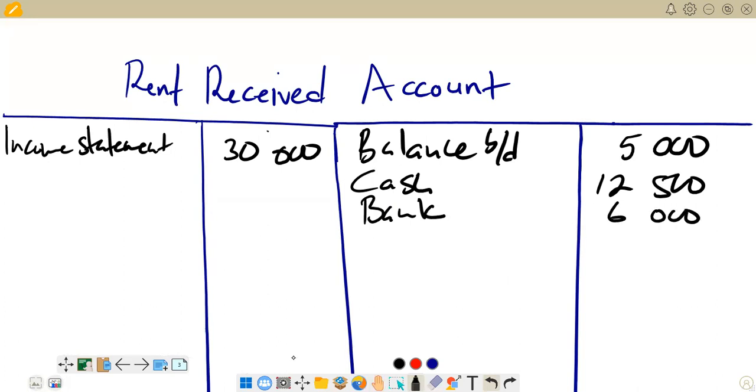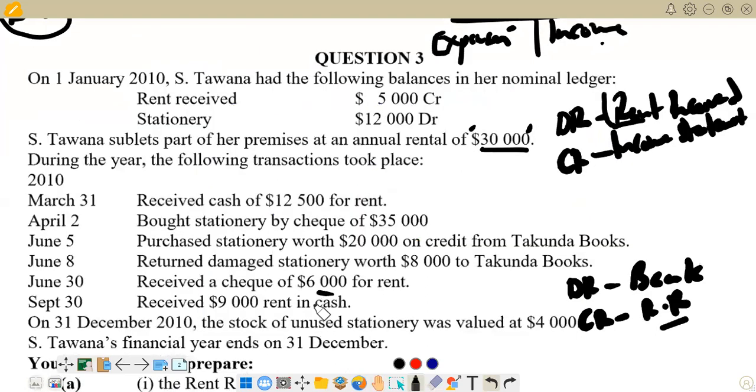Then we go back again to check what we have there. After that, now we have got another receipt of cash of 9,000 rent in cash. It's another cash, so we are employing the one that is on top there: we debit cash, and then we credit rent receipt. So we go again to the credit side and we credit with 9,000 cash.